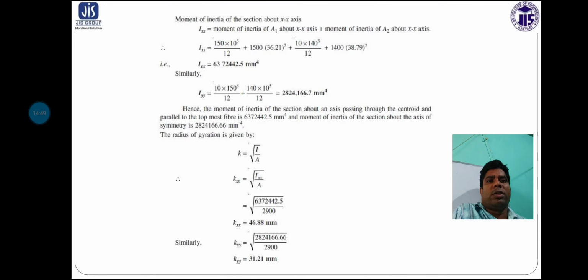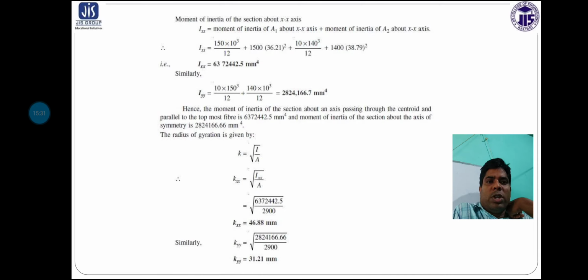So I_XX is equal to 3637244.5 millimeter to the 4. Similarly, I_YY can be found by a similar method. So the moment of inertia of the section about an axis through the centroid and parallel to the topmost fiber is 6372442.5 millimeter to the 4, and the moment of inertia of the section about the axis of symmetry is 2824166.66 millimeter to the 4.